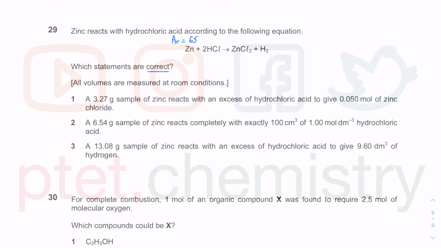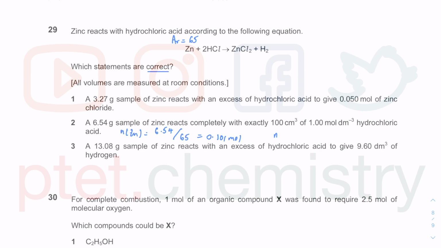Let's see number 2. So the mole of zinc is equal to mass over MR, or mass over AR in this case. So 6.54 divided by 65. This gives me 0.10 mole if I choose to give it to 2 decimal places. But if I read it carefully, it's 0.101 mole to 3 significant figures, based on the data given to 3 significant figures.